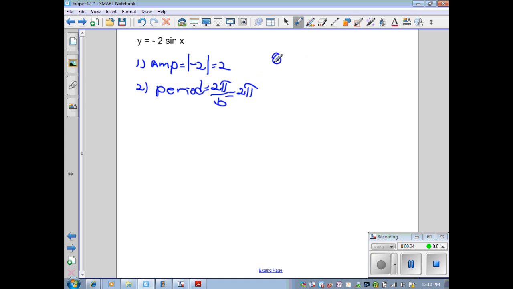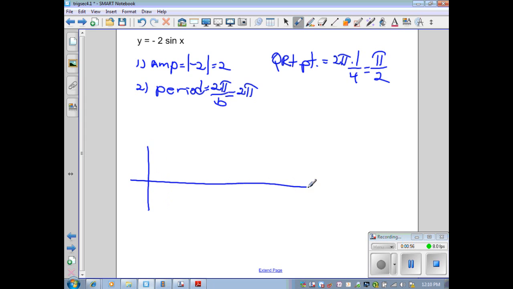My quarter point is going to be my period multiplied by 1/4. 2 pi times 1/4, which is going to be 2 pi over 4, or pi over 2. Now all I need to do is to graph this function. So we start out with a y-axis, x-axis. Again, we have 0 radians.